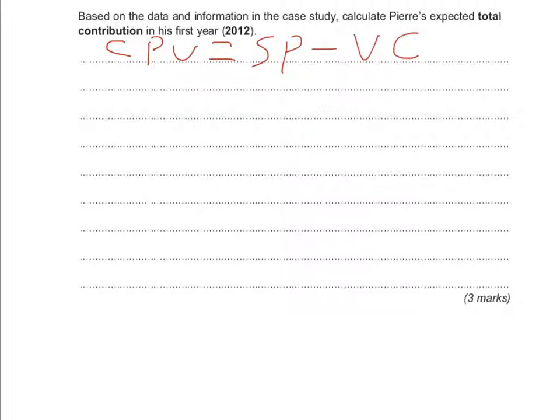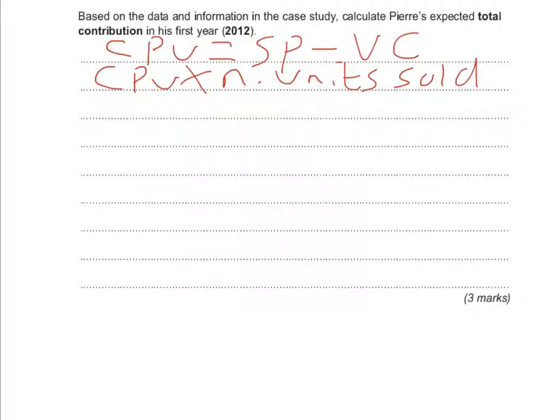By calculating the contribution per unit, this then allows us to calculate the total contribution, as all we need to do then is to take the contribution per unit and multiply it by the number of units sold. I have warned you in lessons that sometimes you have to look outside of the data tables to find all of the information, whether that's quantitative or qualitative.